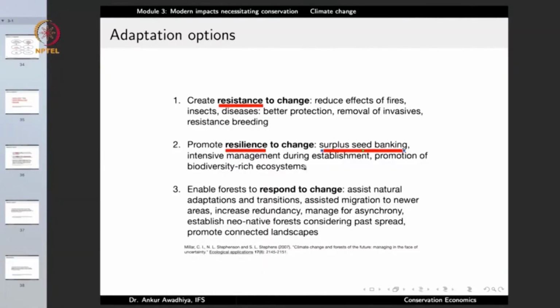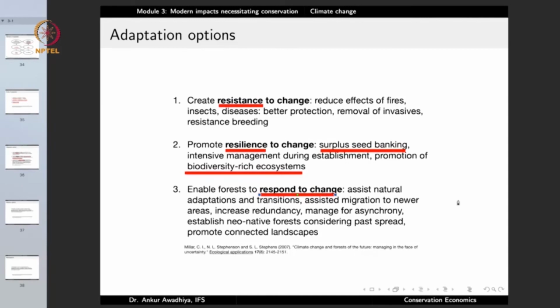Or intensive management during establishment. And here establishment means the establishment of trees. Or promotion of biodiversity rich ecosystems, because biodiversity rich ecosystems are more capable to come back to normal whenever the situations are brought back. Or the third adaptation option is to enable a response to change.